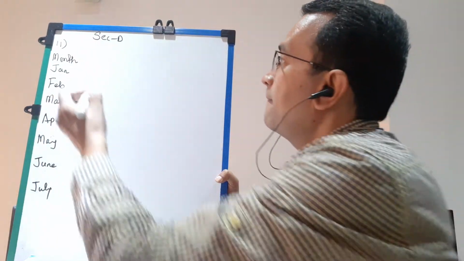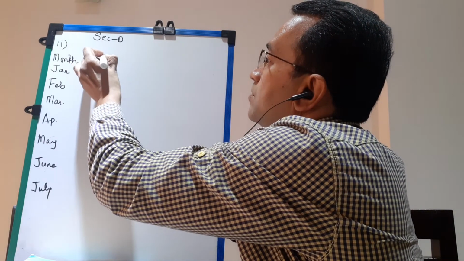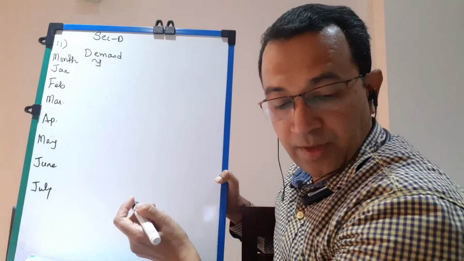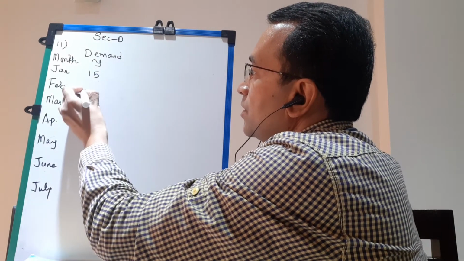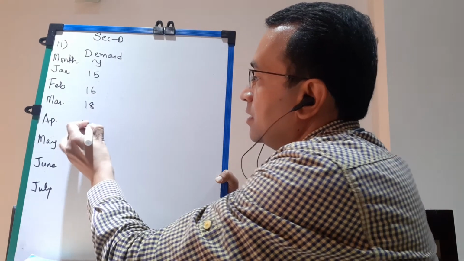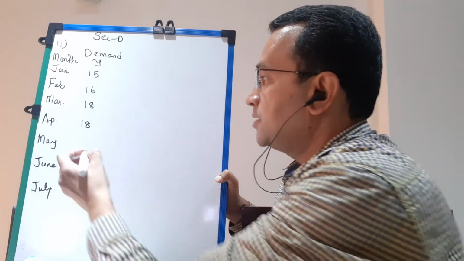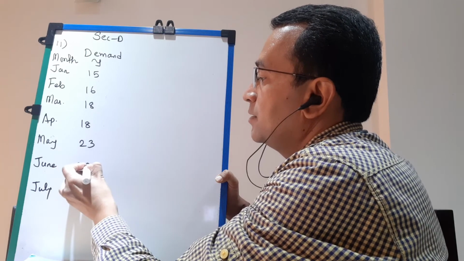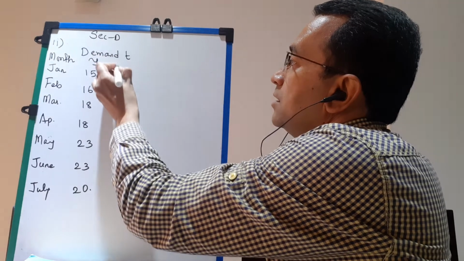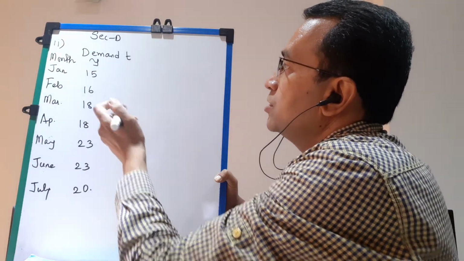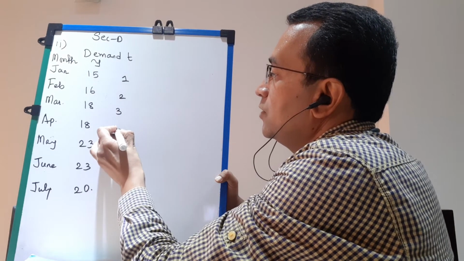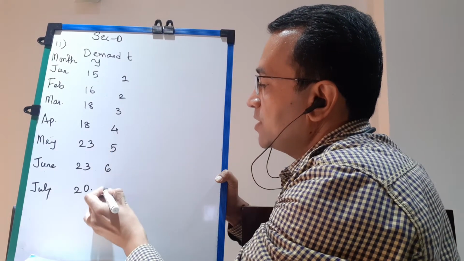Then it is demand, which we call as Y. 15, 16, 18, again 18, 23, 23 and 20. Now T. The first month, students, we call as 1, 2, 3, 4, 5, 6 and 7.